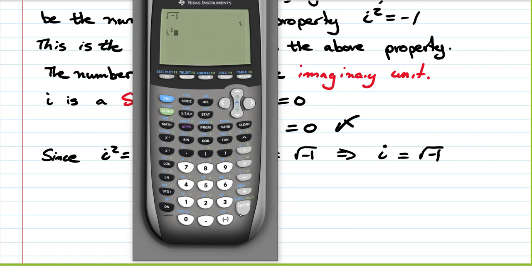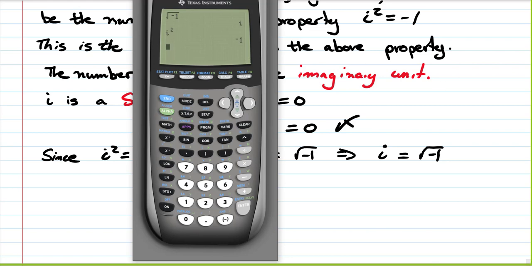If I go i squared, I get that the solution, as we know by definition, i squared is equal to -1. Okay, so we'll talk more about using our graphing calculator in a minute, but that's how we can use it to at least get the number i and do some very simple computations with it.